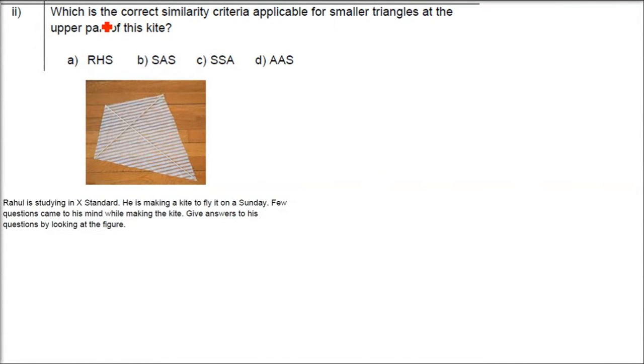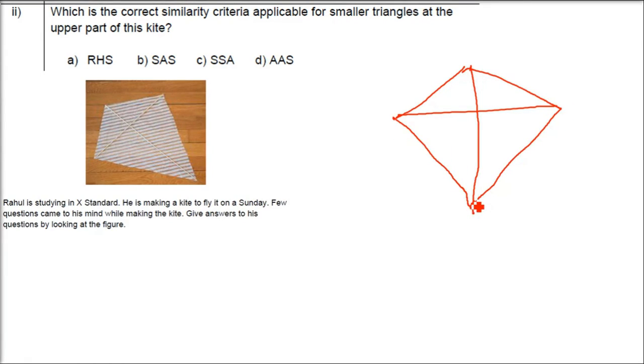Coming to the second one. Which is the correct similarity criterion applicable for the smaller triangles at the upper part of this kite? First of all, you need to know what is available: angle, side, SSA or RHS. The best is side angle side. I'm talking about the smaller triangles at the upper part.